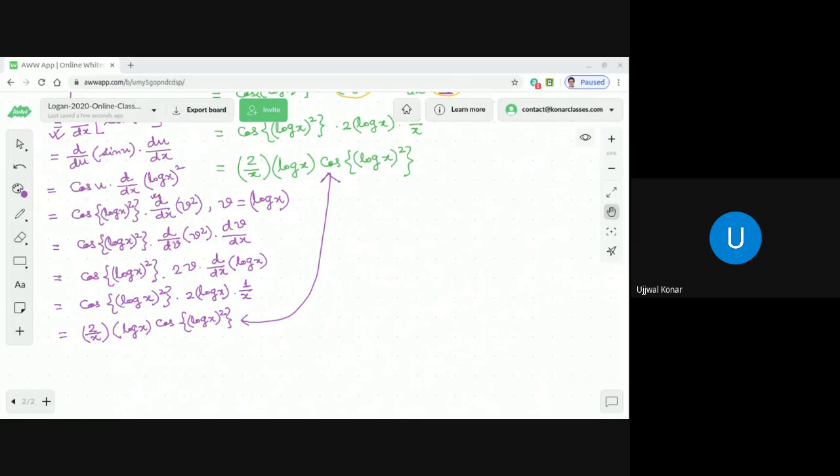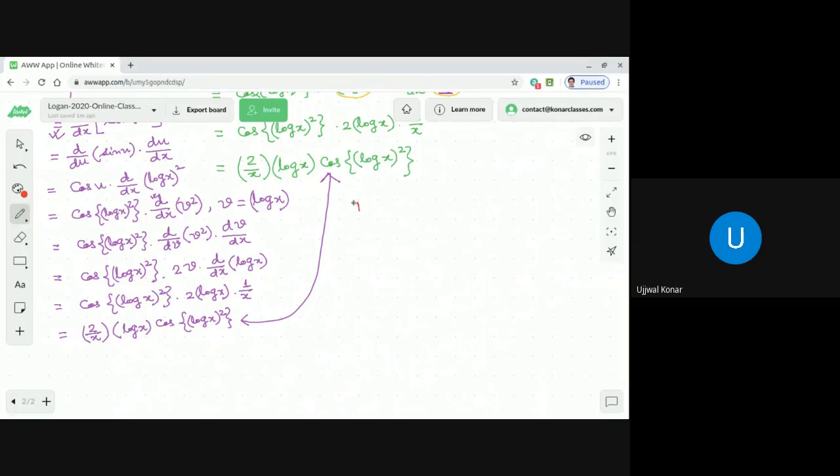So this is the problem I am going to give you. It is square root of x plus 1 by square root of x, whole square. Let me write it down here.